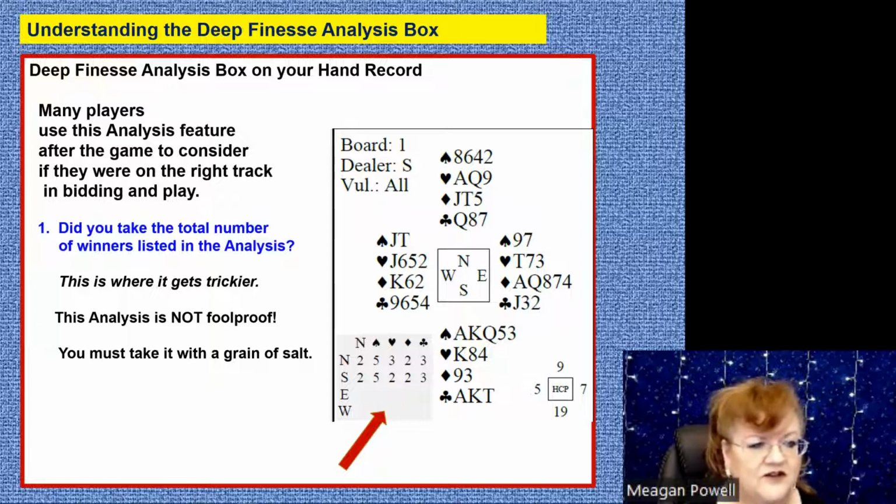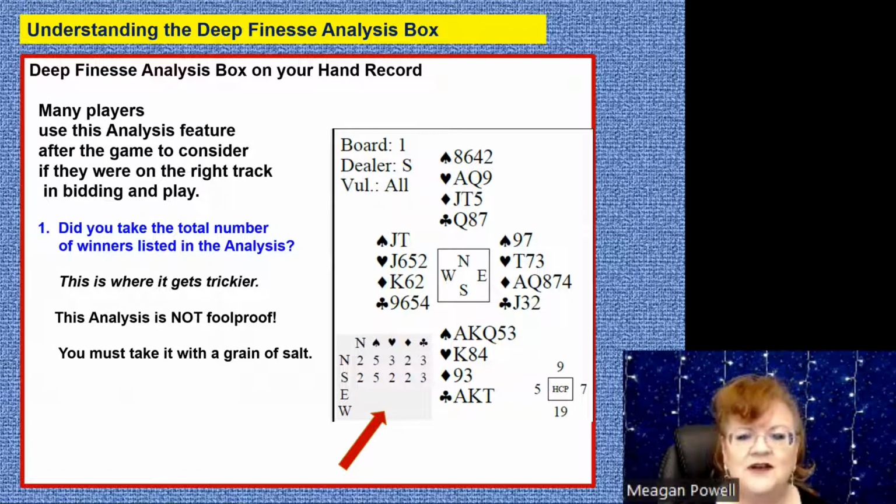Now, this is where it gets a little trickier because this is not foolproof. Honestly, you always have to take the numbers in this box with a slight grain of salt. And here's why. This is called a double dummy process. The computer that does this analysis is basing their analysis on the fact that they, in fact, can see all 4 hands when they're making the judgment.